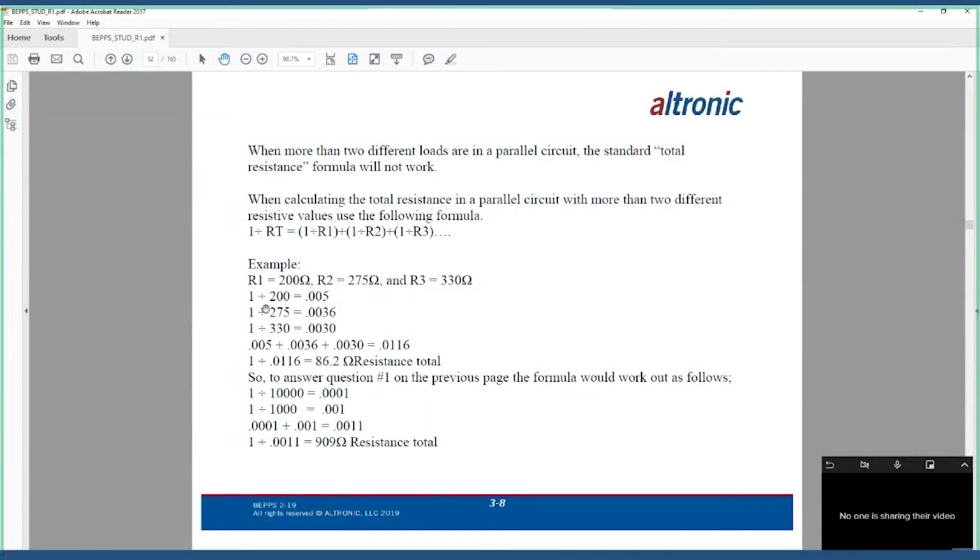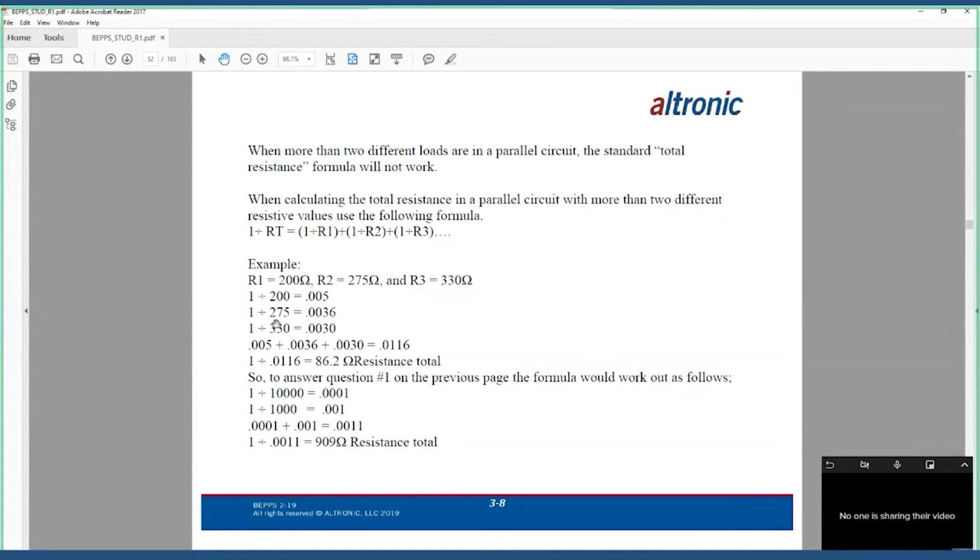So 1 divided by 200 equals 0.005. And remember, we're getting our 1 right here, here, and here in this formula. We're just working out this formula.